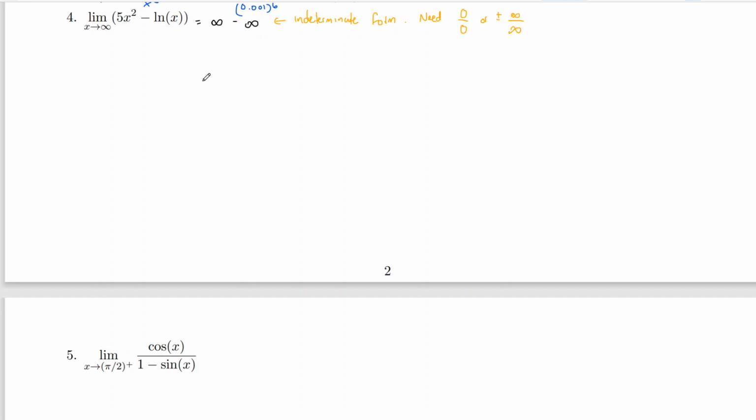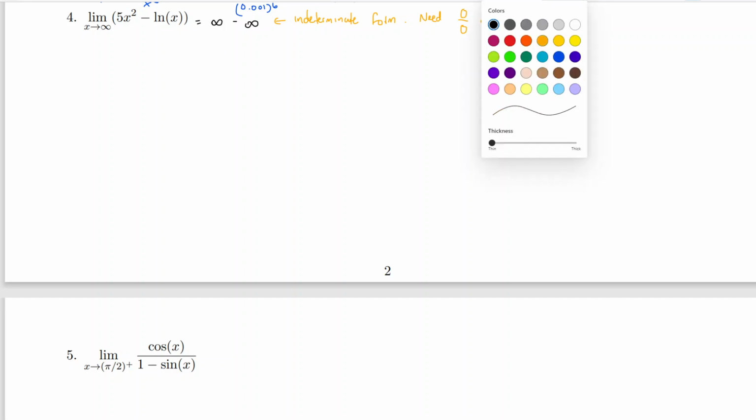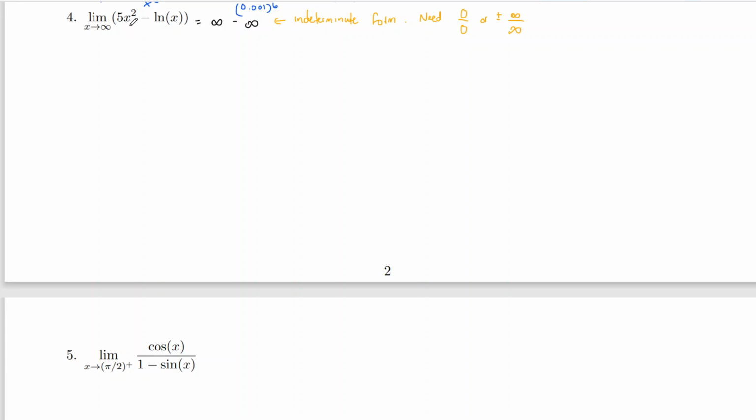Now, in order to do this, there's many ways. And probably the way that works the best is factoring out something. When it's not a polynomial, when you factor something out, it's going to force a fraction. And what I like to do in this sort of setup is factor out powers of x.